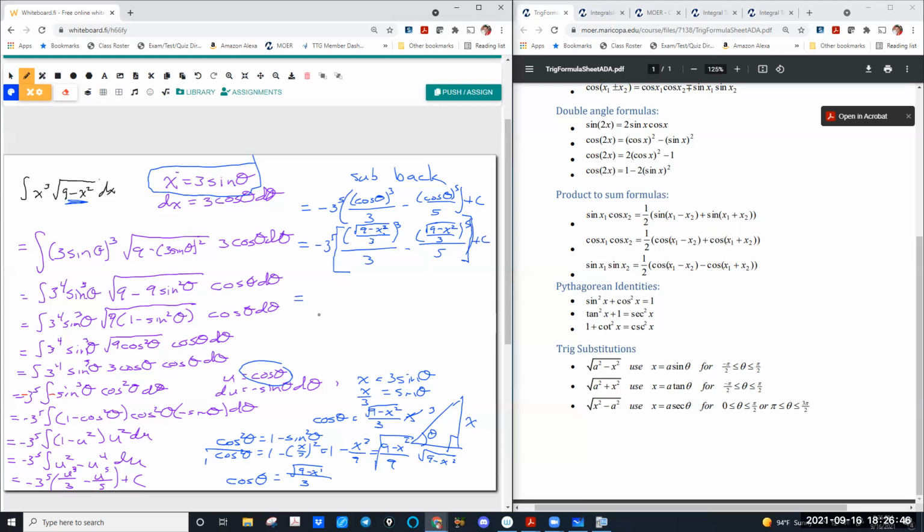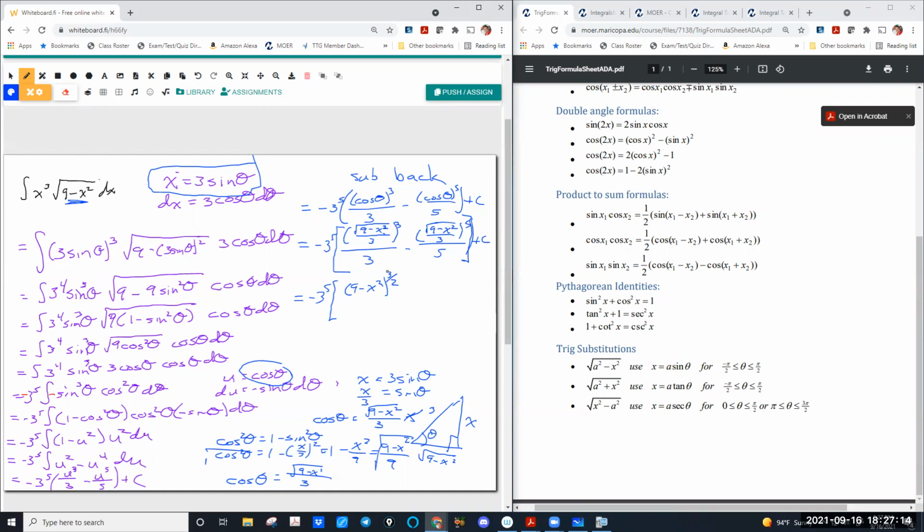I'm going to clean this up a little bit, so bear with me on this. Minus 3 to the 5th. We don't like leaving fractions in fractions. So what is this going to look like? Well, this is going to be 9 minus x squared, the square root of it cubed. So that's going to be to the 3 halves. Square root is the same thing as raising to the 1/2.